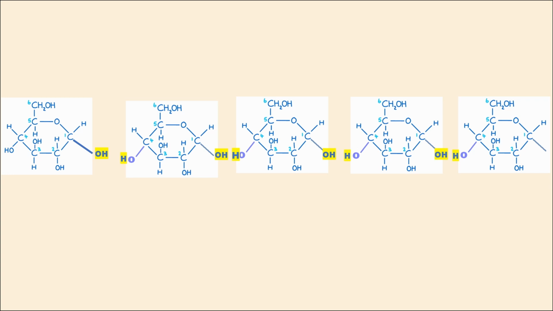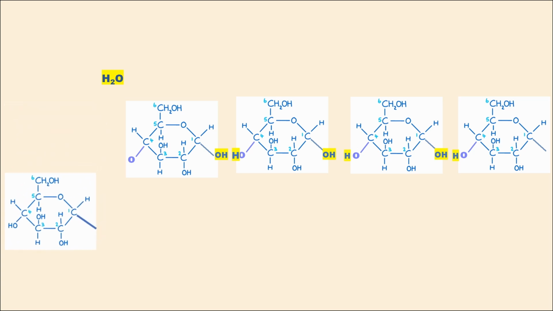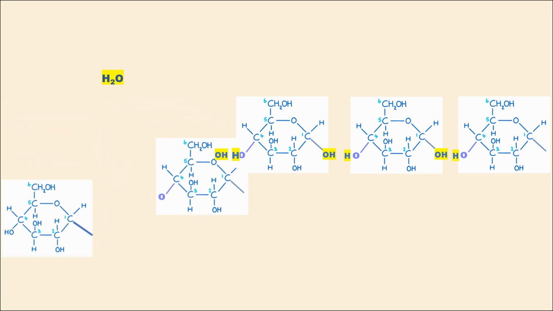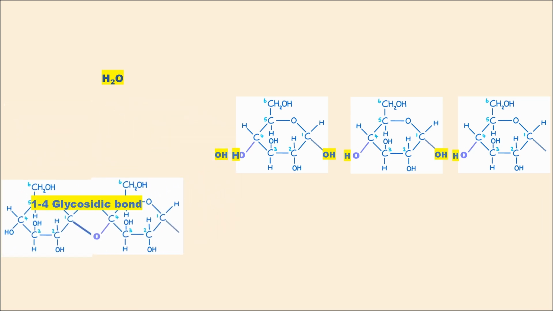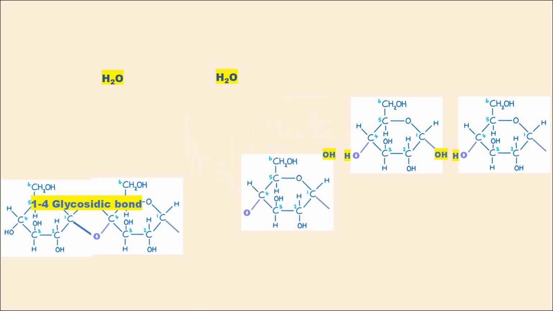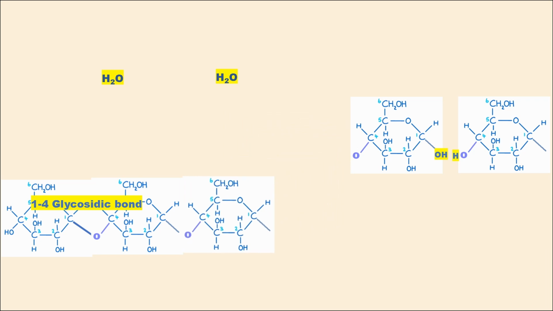In this process, a water molecule is removed, allowing two monosaccharides to join together via a 1,4-glycosidic bond. As you can see, this mechanism continues with each additional bond formed.